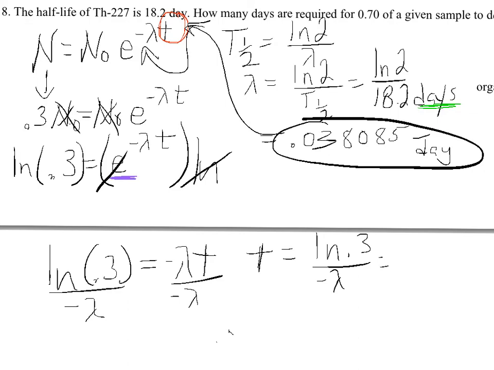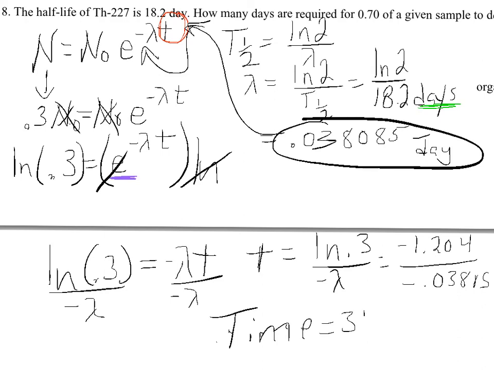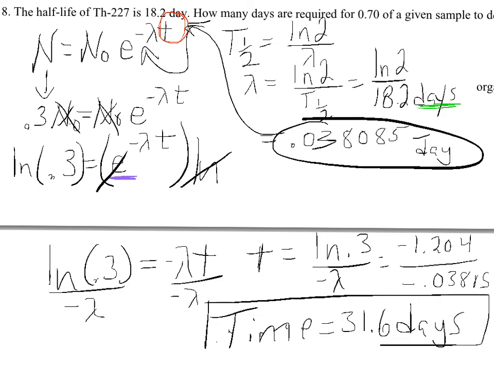Natural log of 0.3 is negative 1.204, divided by our negative lambda, so negative 0.03805. And so when we multiply that out, we get the total amount of time equal to 31.6 days, which we can round to 32 if we wanted to. But there's your final answer.